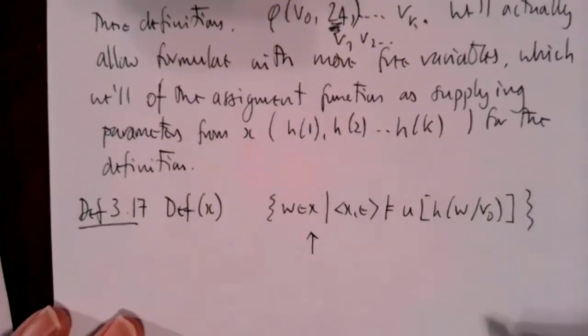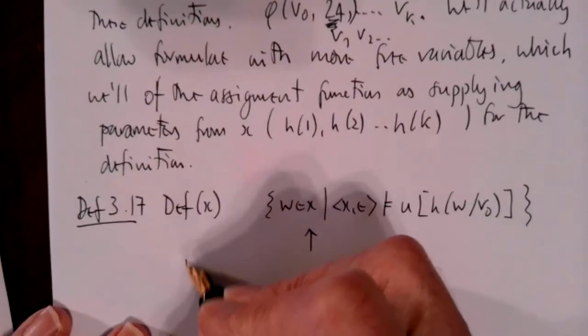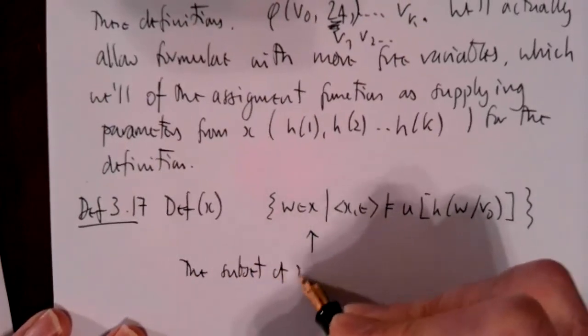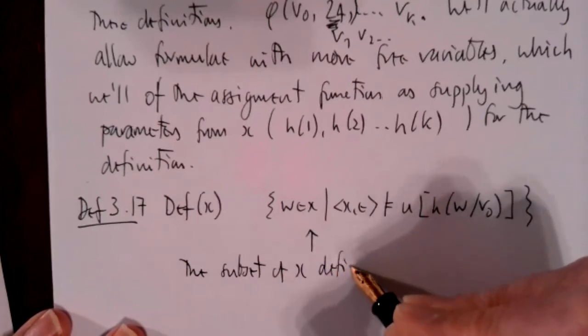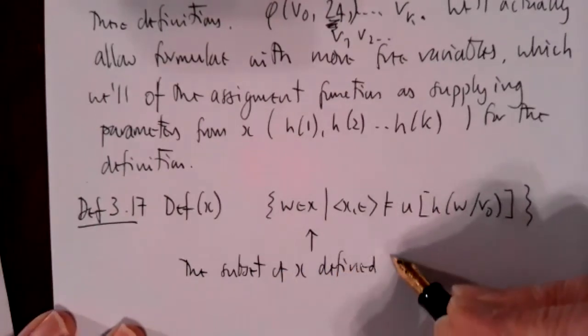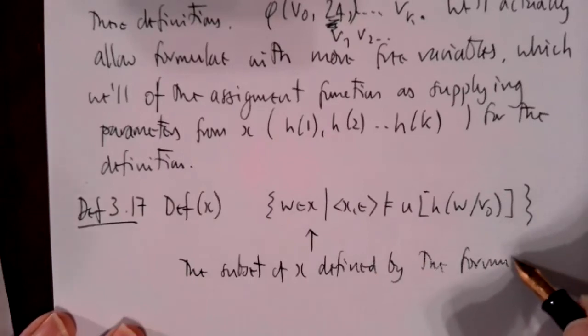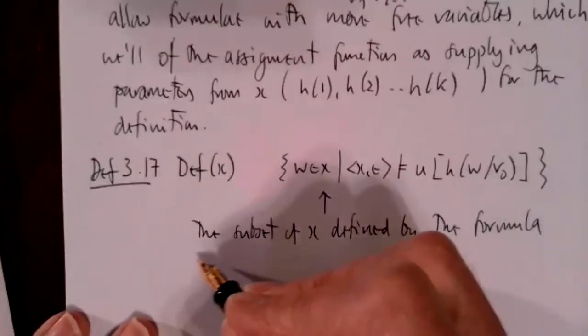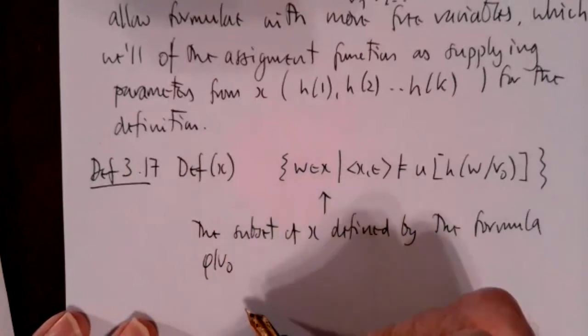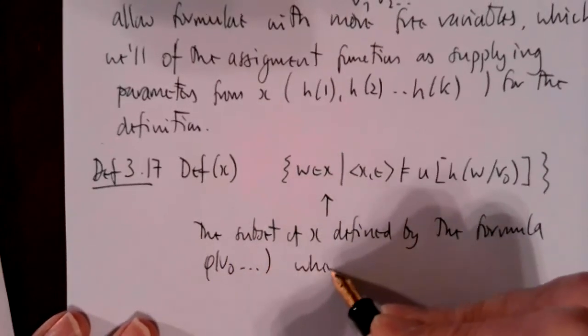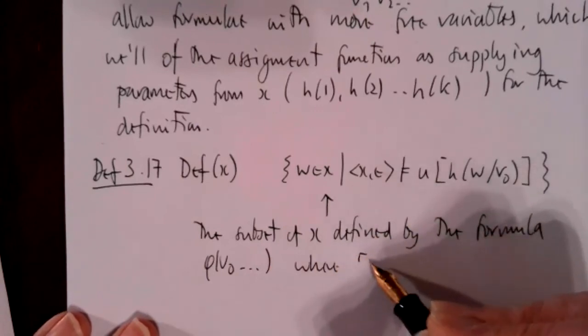So this is a subset of X defined by the formula phi v0, where U is the code of phi.